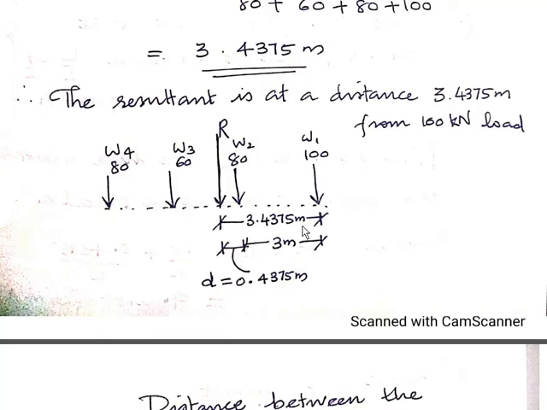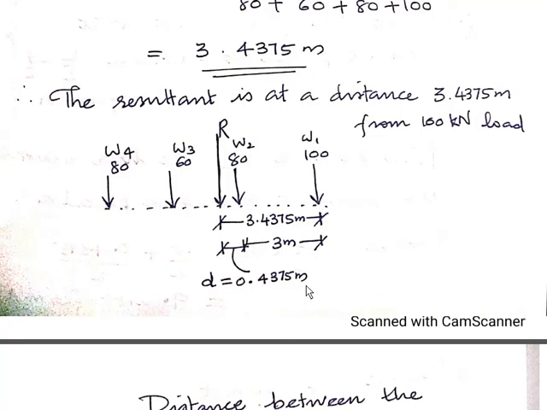And you can see the nearest load is 80, that is, the nearest load is W2 here. The distance between the resultant and the nearest load is 0.4375 meter.